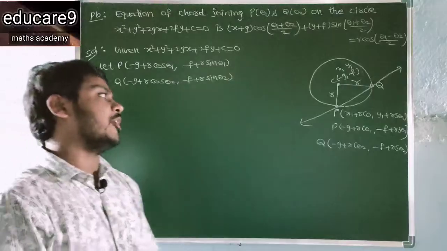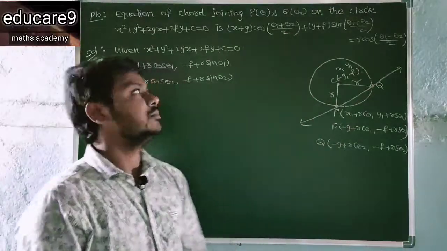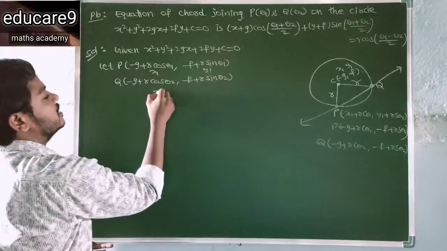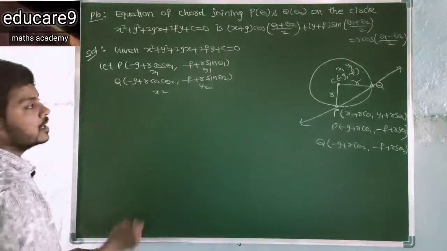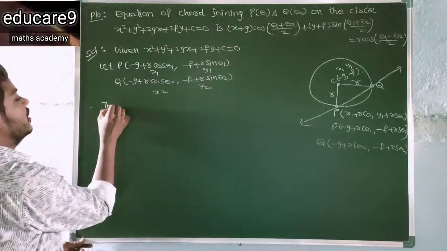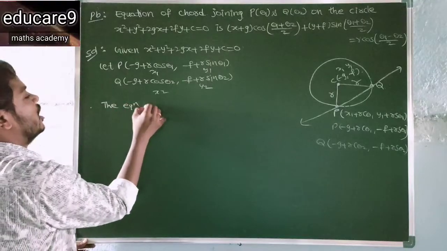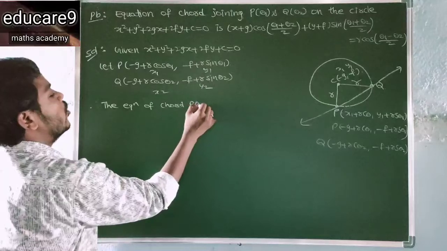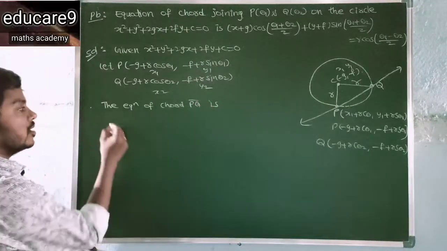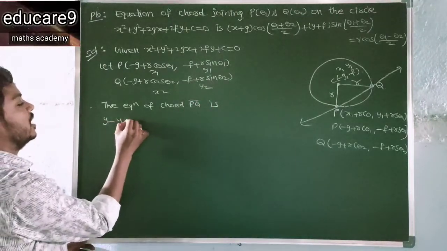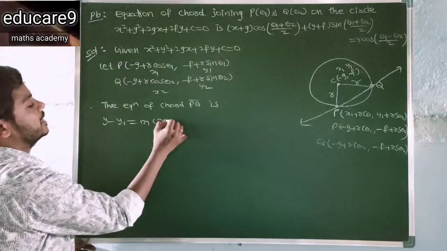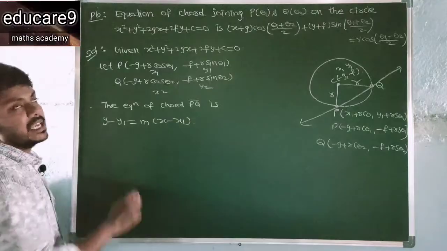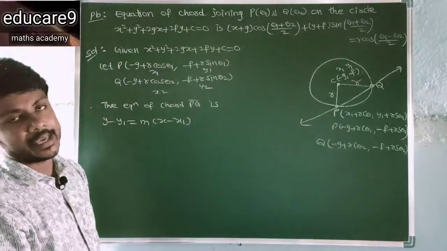Now you need to find the equation of PQ. So this is x1, y1 and this is x2, y2. Therefore, the equation of chord PQ is y minus y1 equals m into x minus x1. So what is m? That is the slope of the PQ line.